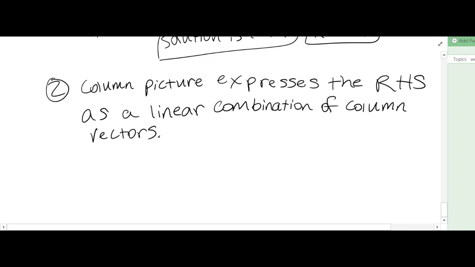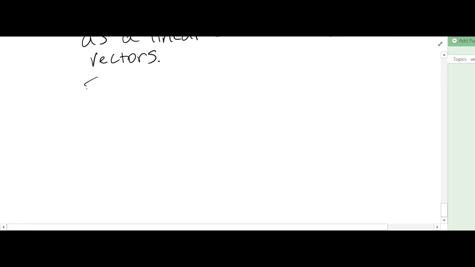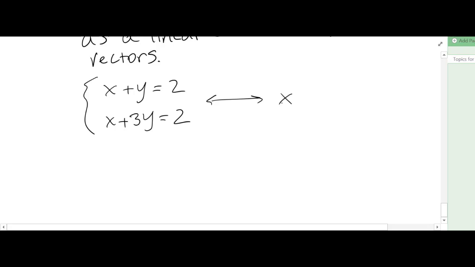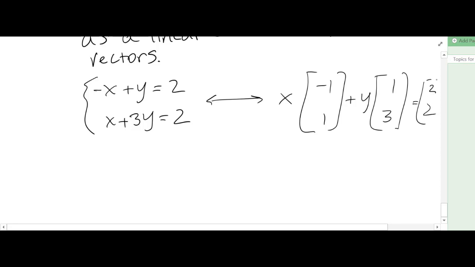So what do I mean by that? Well, if we take the two equations we had, x plus y equals 2 and x plus 3y equals 2, you can write this as, if you factor the x's out, see, this was negative x plus y. If you factor the x's out, you get negative 1 and 1 as the coefficients of the x's. If you factor the y's out, you get 1 and 3 as the coefficients. And then the right-hand side is 2, 2.